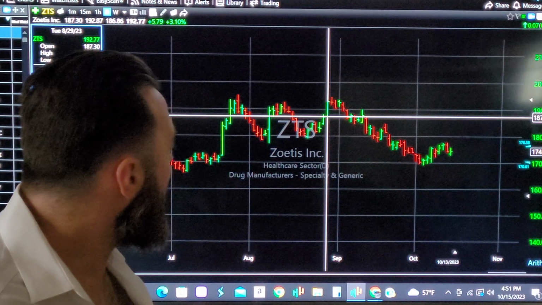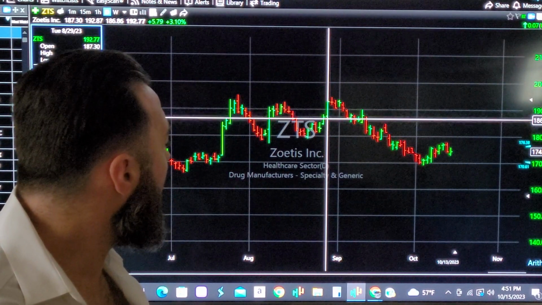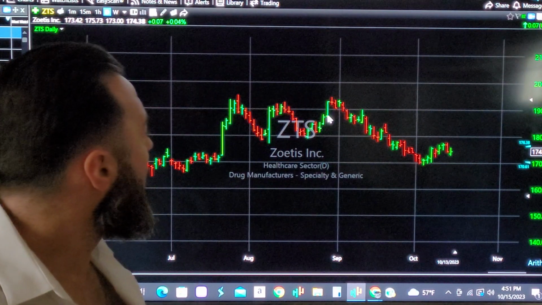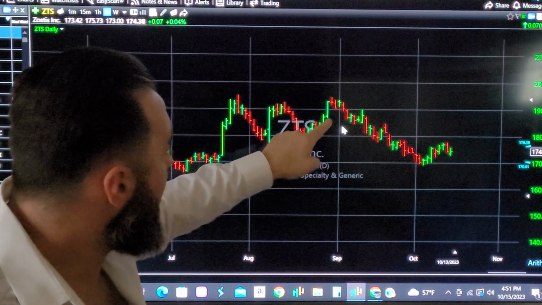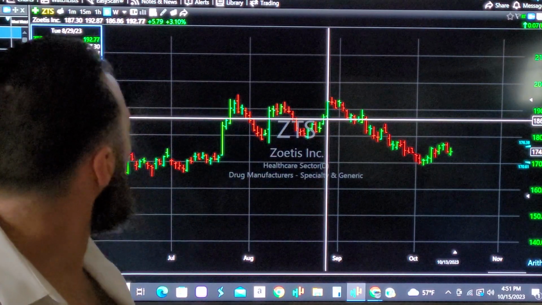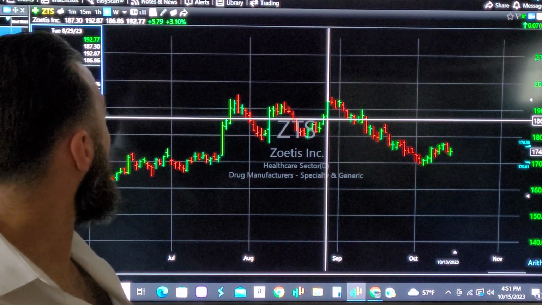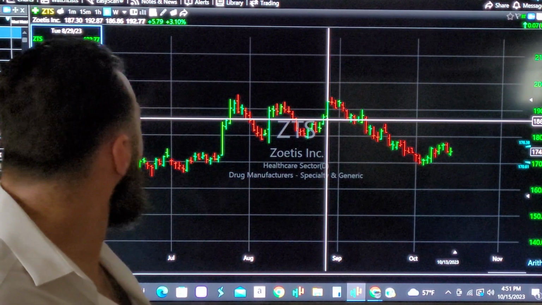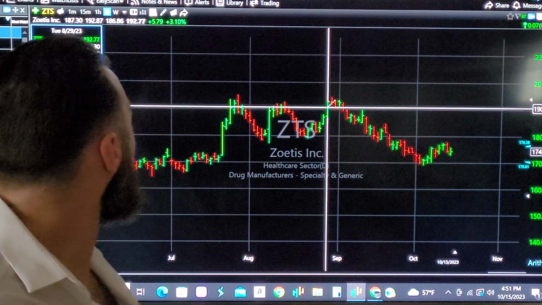I believe that was that line right there in that bar. Should be 187.30. The low was 186.86, which is right there. And the high and the close. The high was 182.87. The close was 192.77.